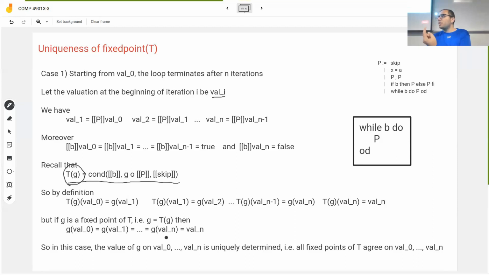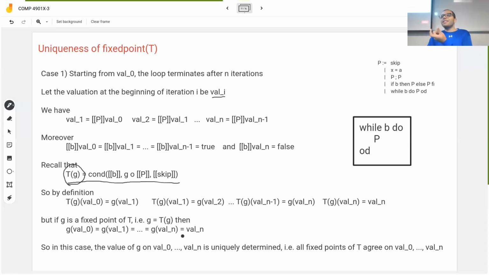And val n was uniquely determined. Val n is the valuation that I have when my while ends. That's a unique valuation. So I don't have a choice here. If I have a while loop that terminates, all of my fixed points agree on the values of val 0 to val n for that particular while loop.